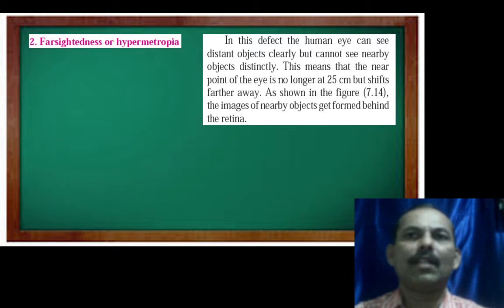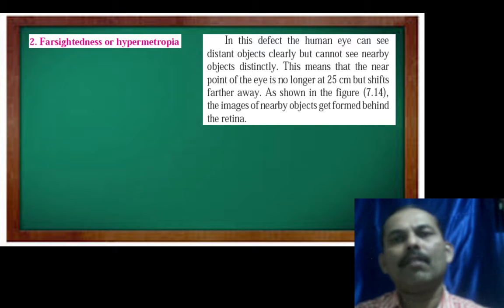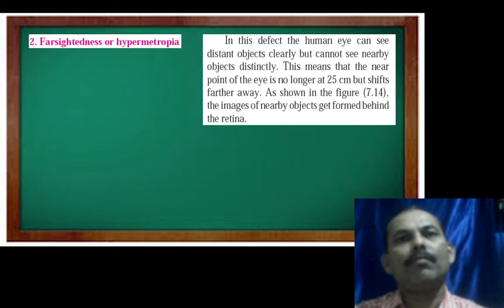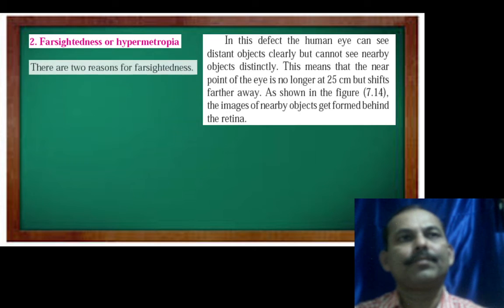This means that the near point of the eye is no longer at 25 centimeter but shifts further away, as shown in your textbook diagram. The images of nearby objects get formed behind the retina.